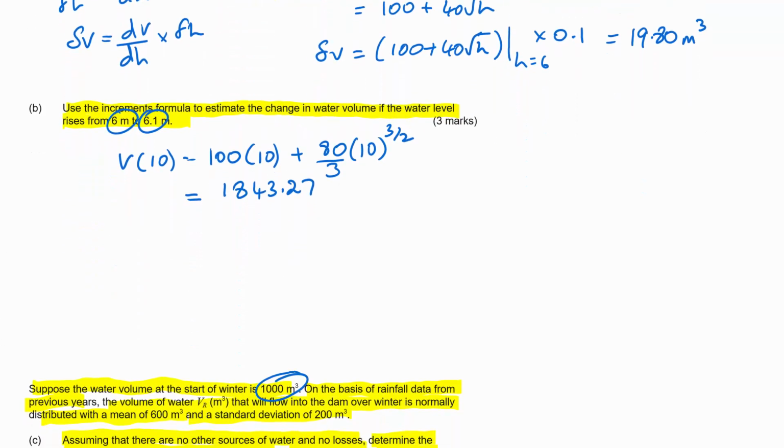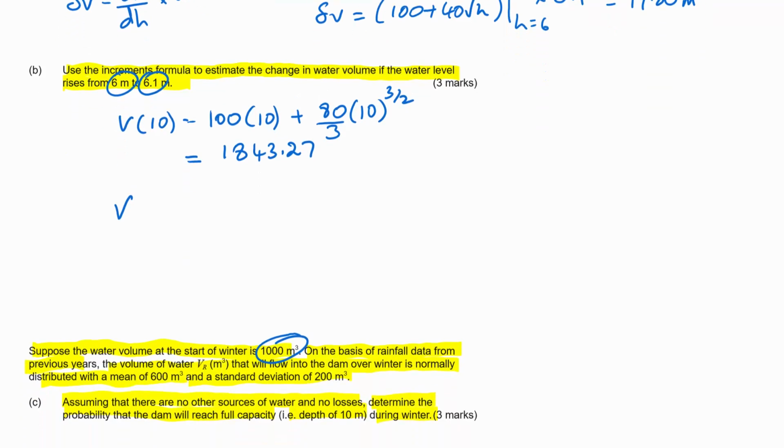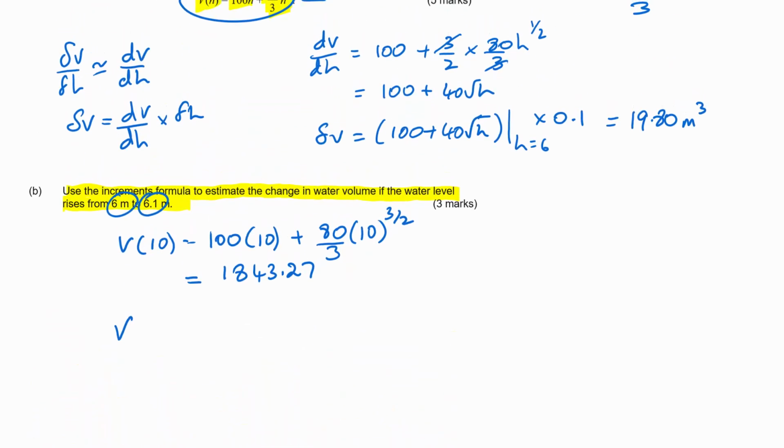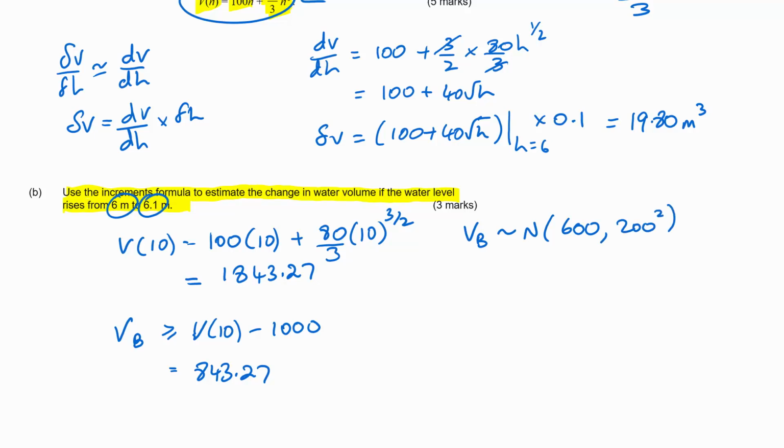It said start was 1,000, so we're after the amount of water that flows in, which was called VB in the question. So VB would be greater than or equal to V10 take away 1,000, which is going to be 843.27.